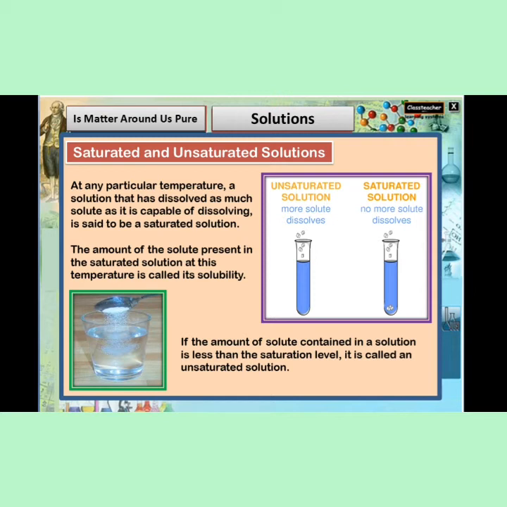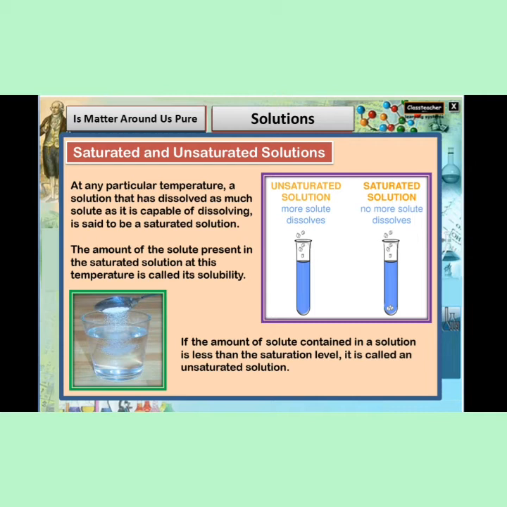Now, there is another type of solution which is known as supersaturated solution. If we add solute more than the saturated solution can hold, then a supersaturated solution is formed, where the extra amount of solute is present in undissolved solid form in the liquid solution.